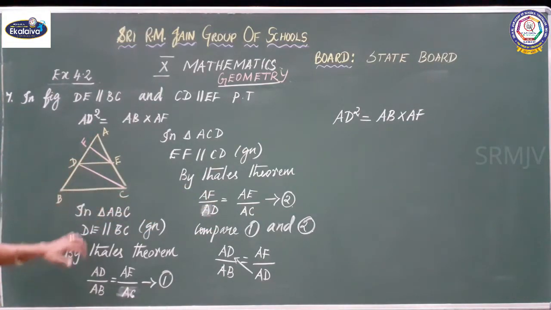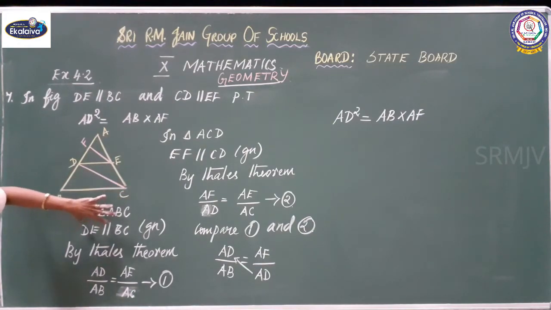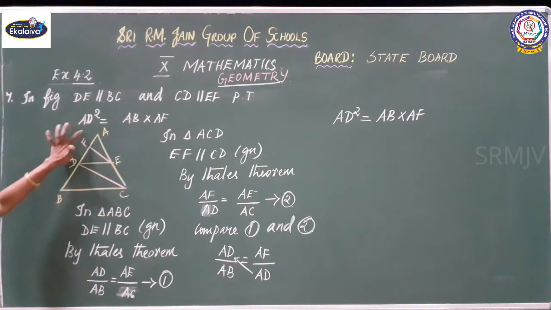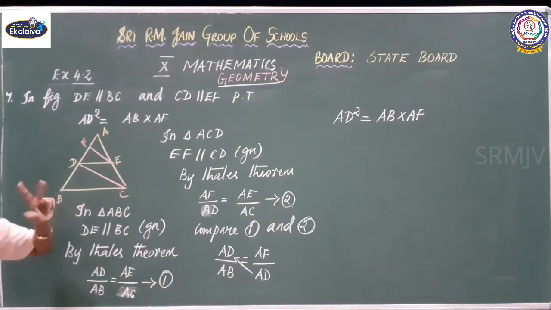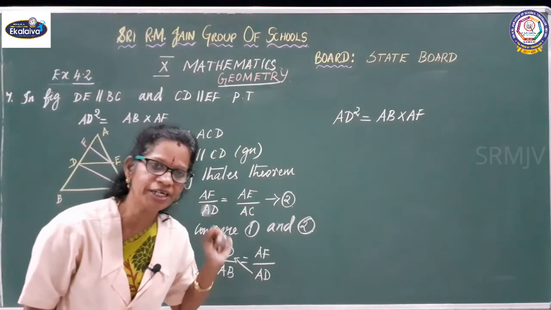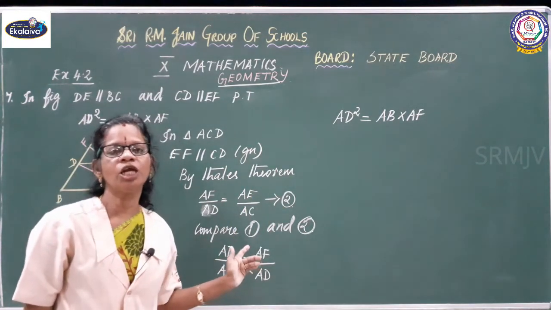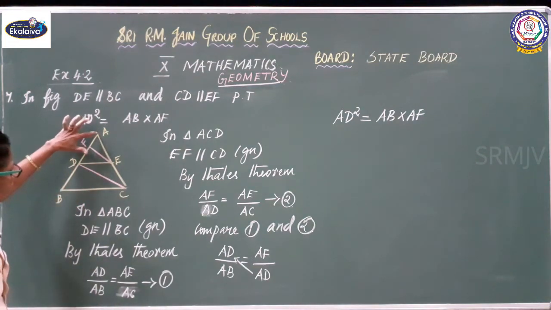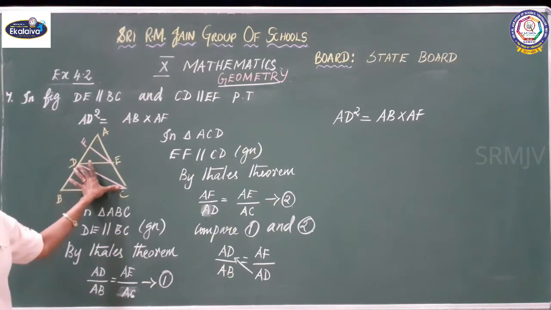In triangle ABC, DE parallel to BC. Using the Thales theorem, you said AD divided by AB, AE divided by AC. Two results you can apply in Thales, right? AD by DB equal to AE by EC, or AD by AB equal to AE by AC. The same way, in triangle ACD, EF parallel to CD.